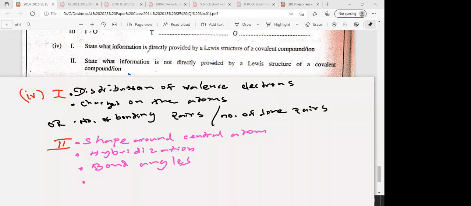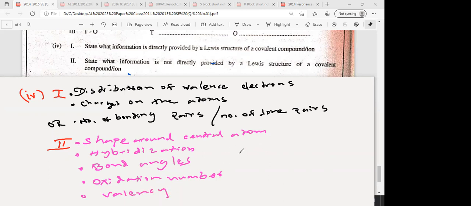Actually, it's a Lewis theory introduced by G.N. Lewis. And the next information not provided will be orbitals involved in the bond formation. Oxidation number also not provided. Oxidation number, valency, a lot of things not provided by the Lewis structure.